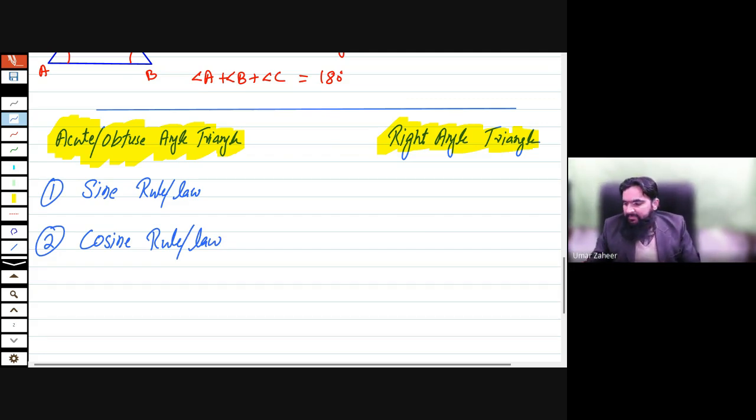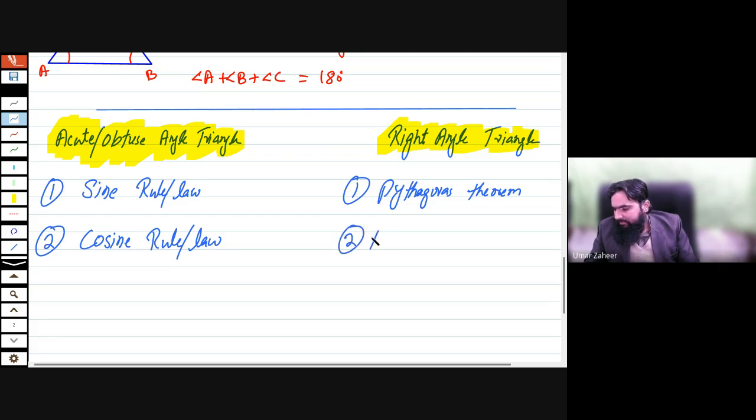Clear? In the same way, if the examiner gives you a right angle triangle, you must keep in mind that you can use the Pythagoras theorem here, and the second option is the trigonometric ratios.